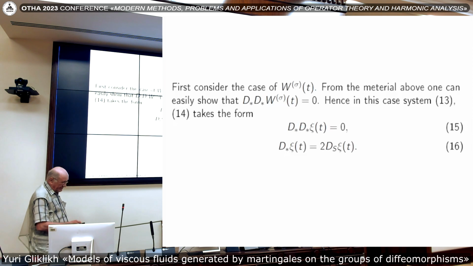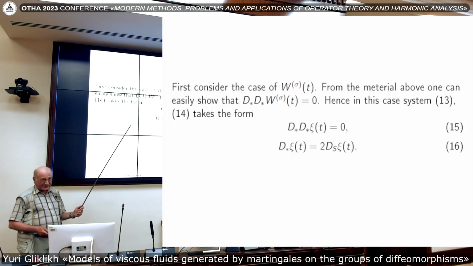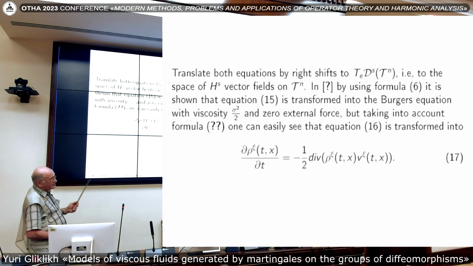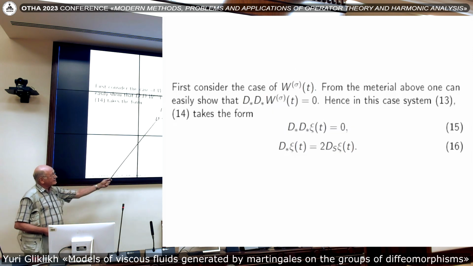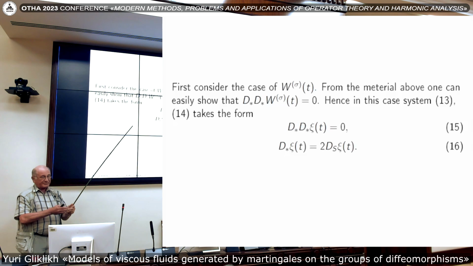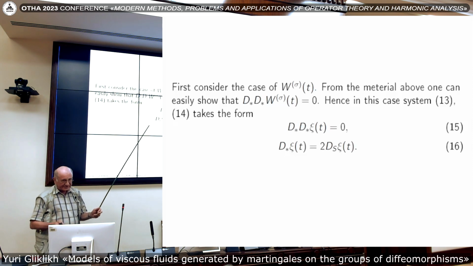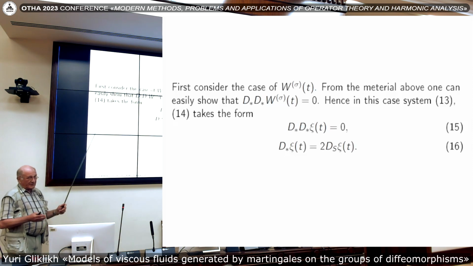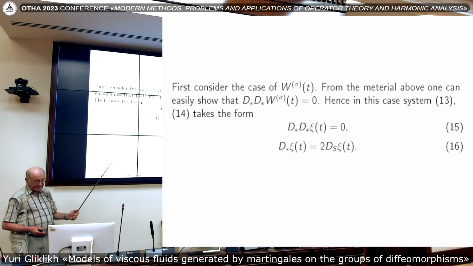Then, from formulas for backward mean derivatives in the very beginning, we obtained the left-hand side of this equation. We translate everything to unit and obtain, in the tangent space, the space of HS vector fields, an equation. The left-hand side of this equation is the left-hand side of Burgers' equation. It follows from formulas for second backward mean derivatives.